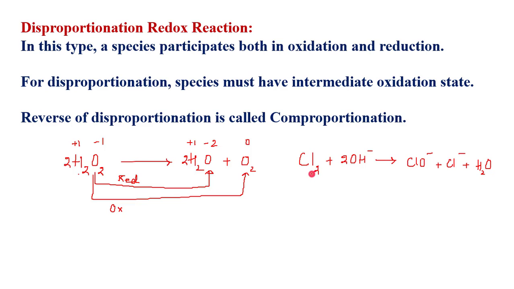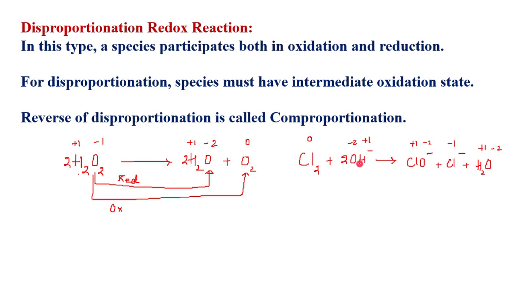Chlorine in its elemental form we take as 0, oxygen always -2, hydrogen always +1. Here chlorine you have to calculate by taking it as x, so you will get chlorine as +1. Oxygen remains -2 as it is. This chloride monoatomic ion, we take its charge as -1.